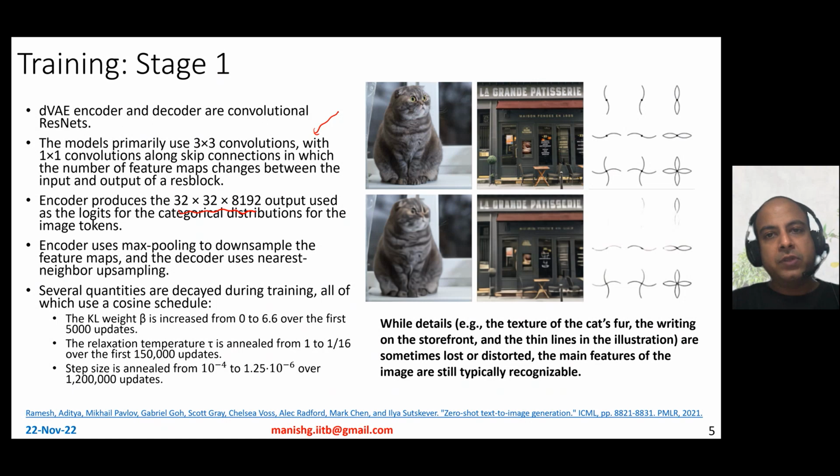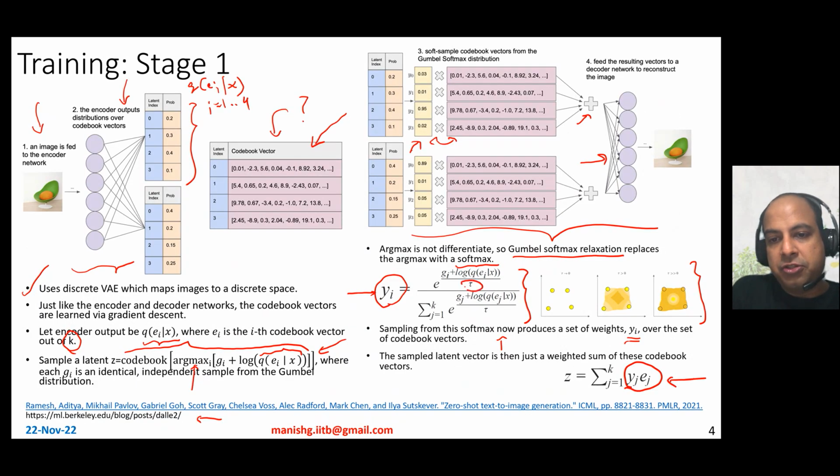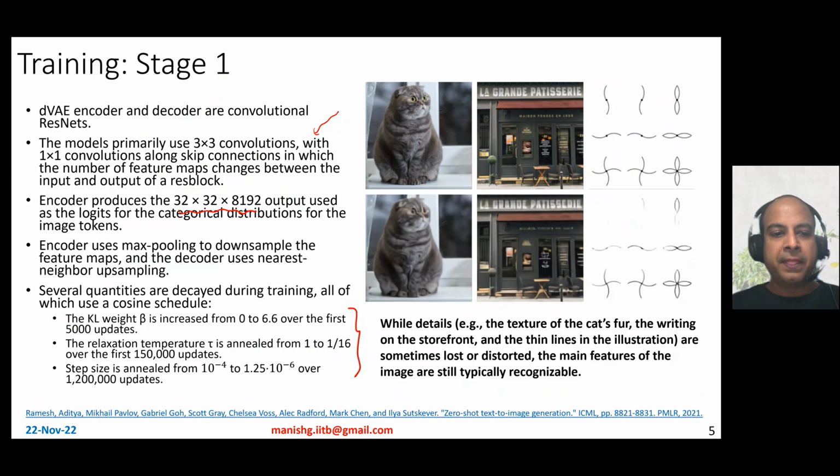The encoder uses max pooling for downsampling, but the decoder uses nearest neighbor upsampling, which is what they observed to work the best. There are more details: they varied beta and the relaxation temperature tau, which is used in the Gumbel softmax relaxation. They also varied the step size while doing training.